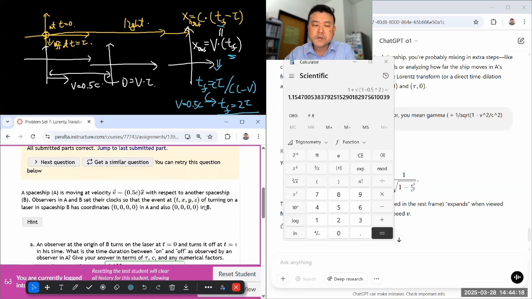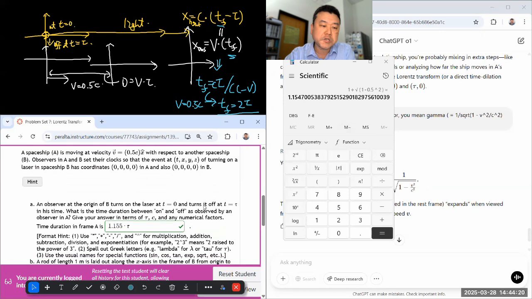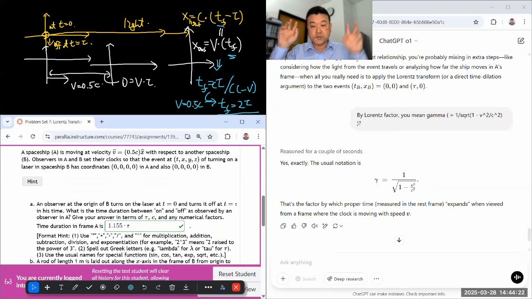And so ChatGPT won't know the special way in which we use the word observe. It's not quite standard enough. David Griffiths is a popular author, and it's his convention, but it's not a universal convention to use the word observe to mean like if you are using a magic telescope, account for the signal delay time and all that.